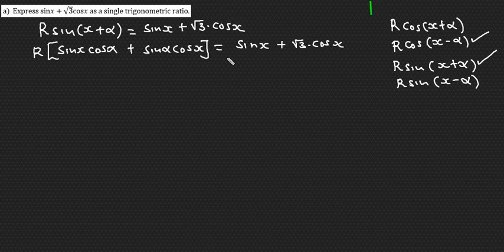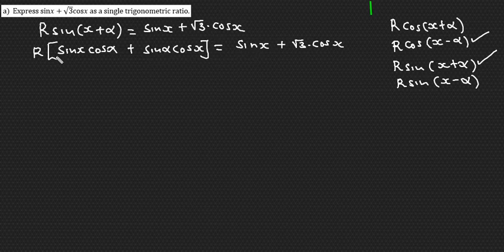The idea here is to equate the coefficients. We have a sin x here and a sin x there, a cos x here and a cos x there. Don't forget this r is multiplying the bracket, so it will be in the second term as well.